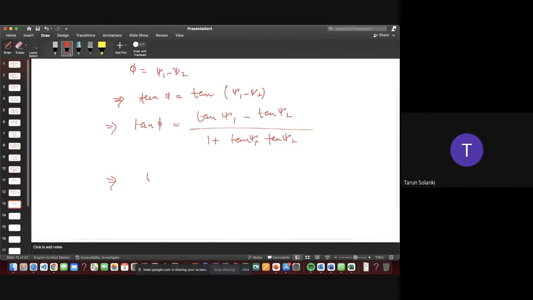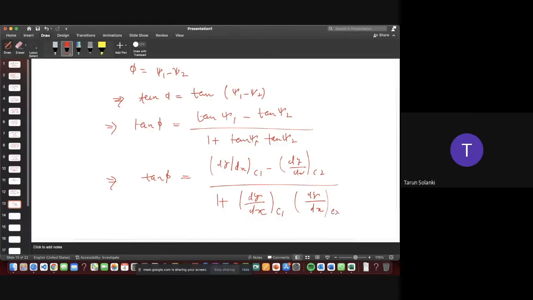That is, tan phi is equal to (dy by dx at C1 minus dy by dx at C2) divided by (1 plus dy by dx at C1 times dy by dx at C2), right? So this means the other angle between the tangents is 180 degrees minus phi.